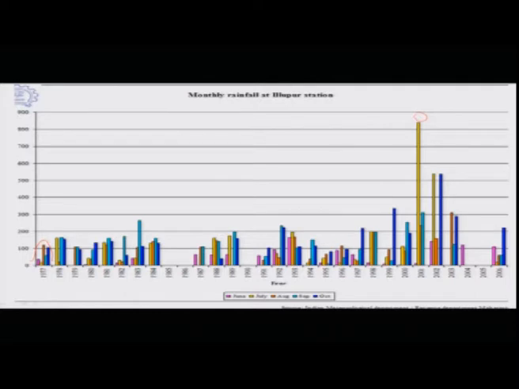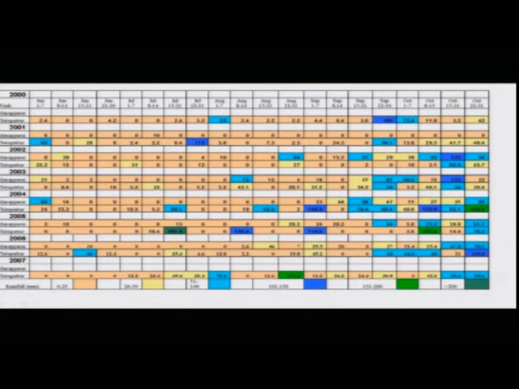So, initial stages it will be less, during the growth period it is more, and afterwards it gets reduced. So, this can be converted into weekly rainfall requirements.